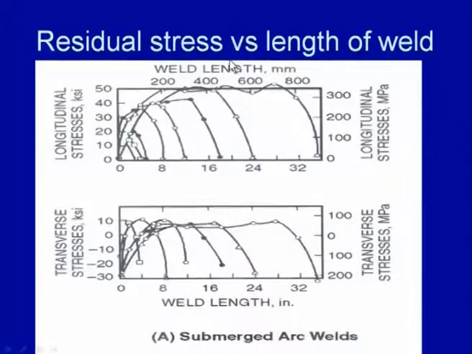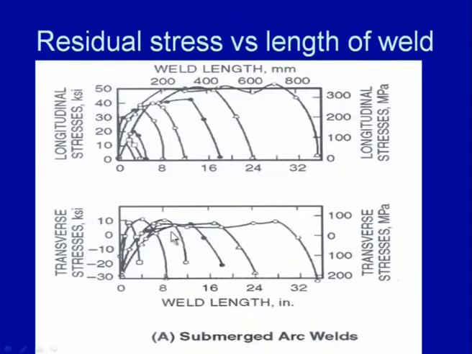This is what we can see from this diagram. This diagram is showing the weld joint made of carbon steel using submerged arc welding. It is showing that with the increase in the length of the weld, there is an increase in the magnitude of the maximum residual stresses that are developed.